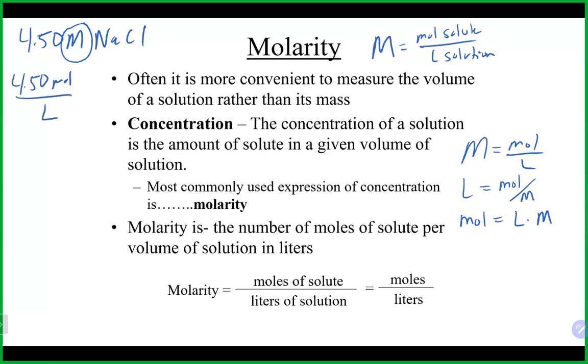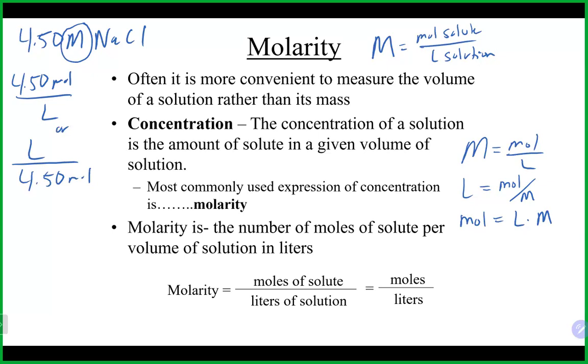The number always stays with the moles, and it's always 1 liter. You could use that like a conversion factor, which means you could flip it around and use liters on top, 4.5 moles on the bottom. I would highly recommend that you use it like a conversion factor, especially if you're given the molarity. You get rid of the big M and show both units.